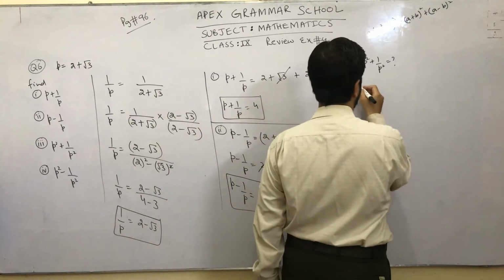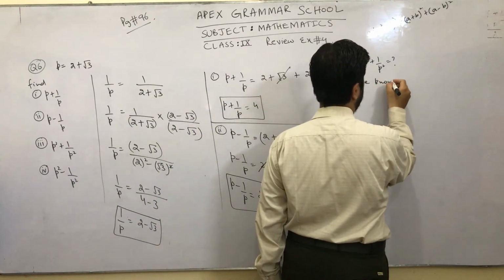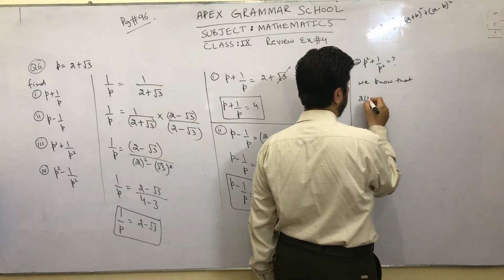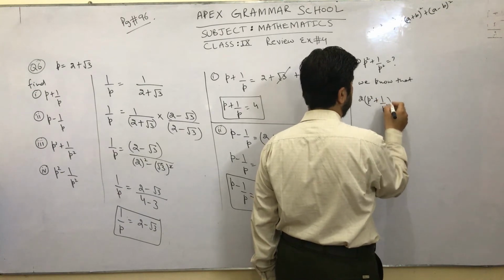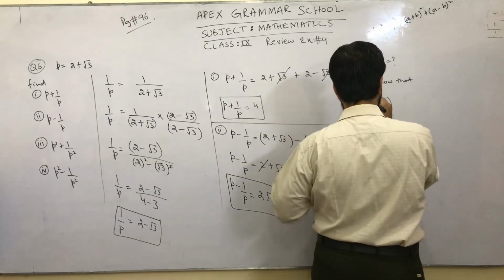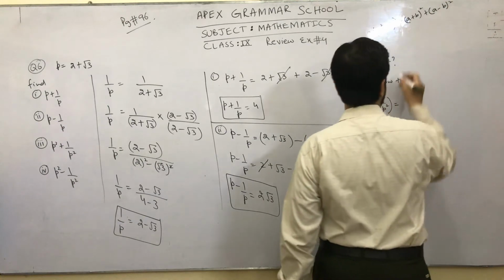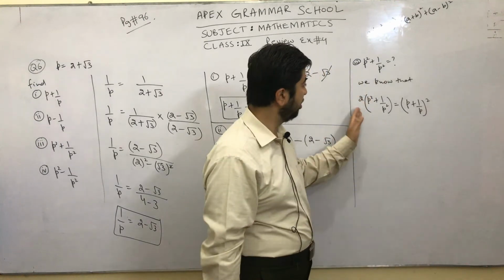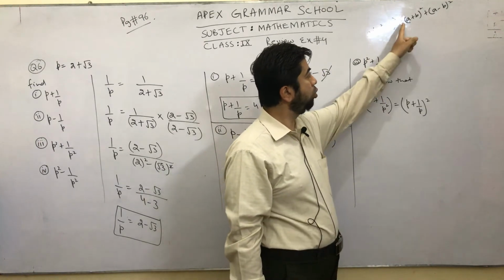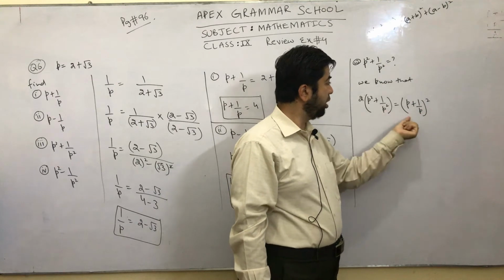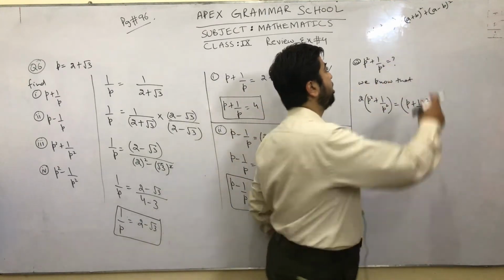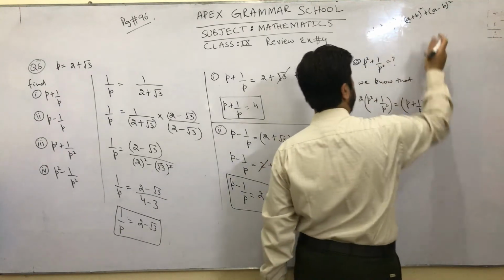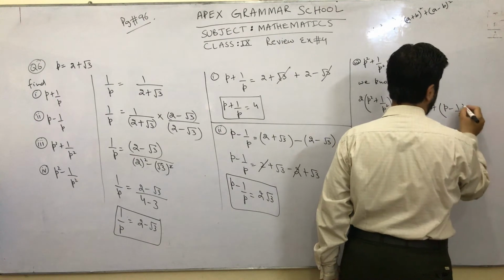We know that 2 into p square plus 1 over p square could be p plus 1 over p whole square, just like that. 2 into a square plus b square is equal to a plus b whole square, that is p plus 1 over p whole square, and after that a positive sign, and then a minus b whole square, that is p minus 1 over p whole square.